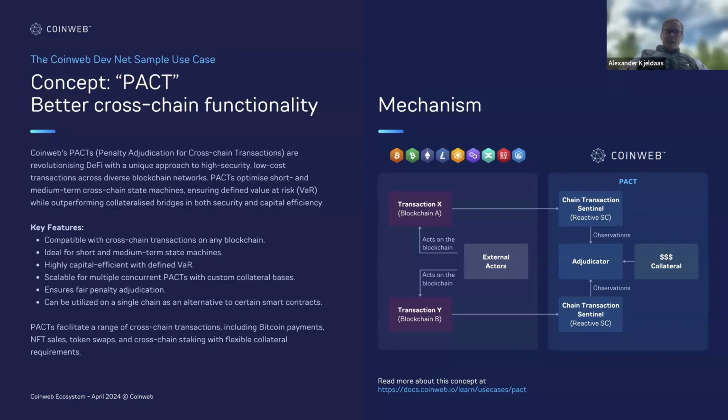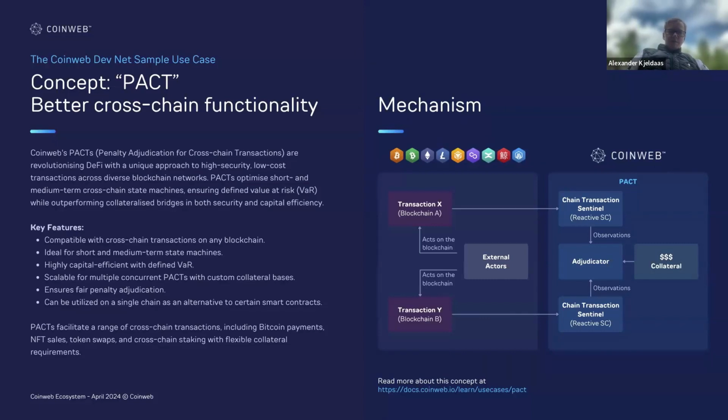Pacts generalize this because CoinWeb smart contracts have the ability to block on certain events happening on the L1, and what you do with those events can be programmed as you wish with smart contracts.